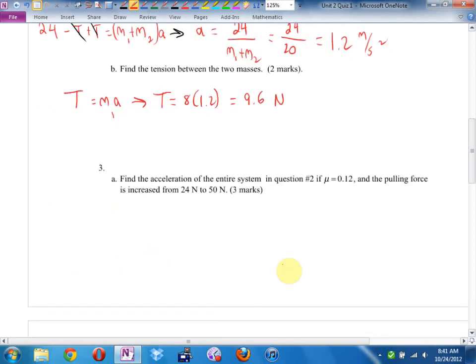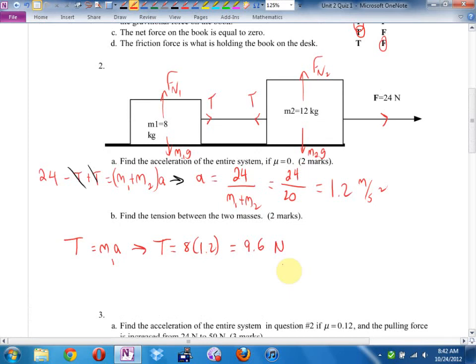Number 3. All right. Same question, except now mu equals 0.12. Have I finished question 2 completely? Then I'm going to use the same diagram and just add friction, because I'm going to gamble that I'm not going to need the diagram without friction anymore. So I'm going to say, oh, there's also friction force number 1.